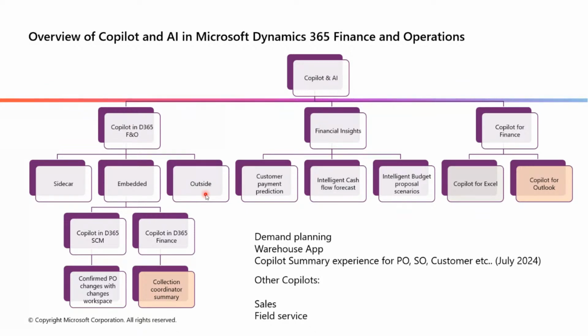Let's say I'm a manager in an organization looking after the inventory and stock overview, and I do not want to log into the finance and operations application, but I want to understand, across different sites and warehouses, for any specific product, what inventory is available. Those kinds of capabilities are called outside Copilot capabilities, where you can connect your outside application with your finance and operations data, make such queries, and then that Copilot can help you retrieve the information you are asking for.